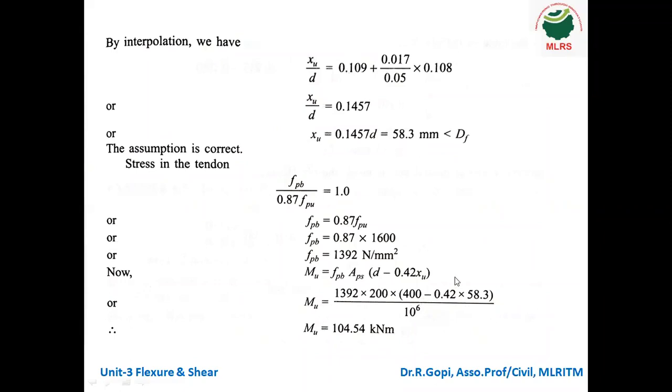So finally we got the answer in terms of Newton mm. If you divide by 10 power 6, you get it in kilonewton meter. Okay, so this is the problem in case the neutral axis lies within the flange.